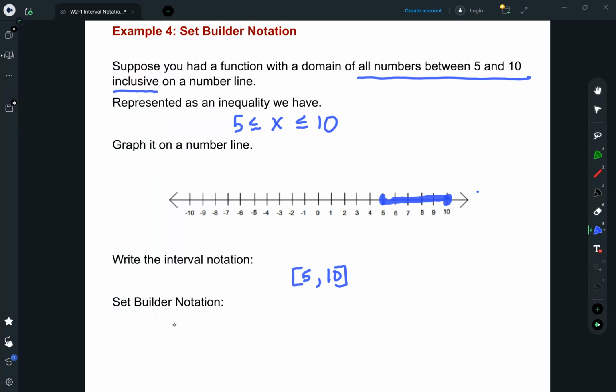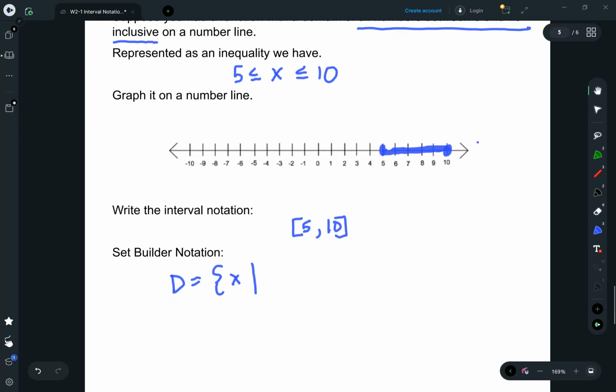And so we're going to say the domain equals, and we're just going to write the set of all x such that, and I know that's a lot of words, but really it's just the set of all x such that, that's what this little line means.